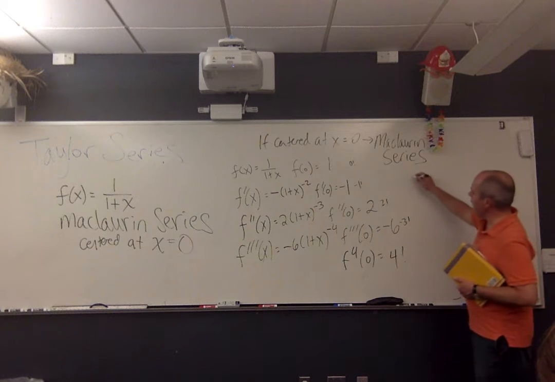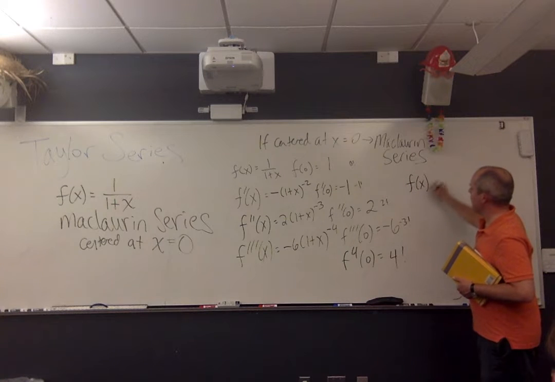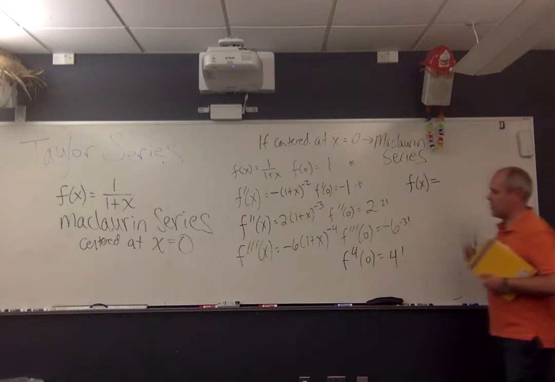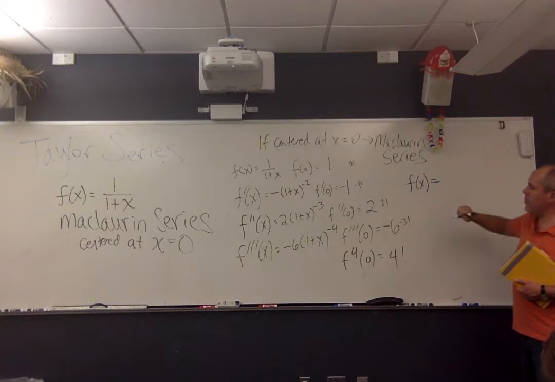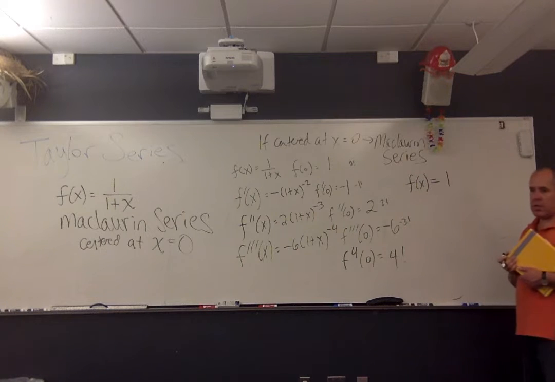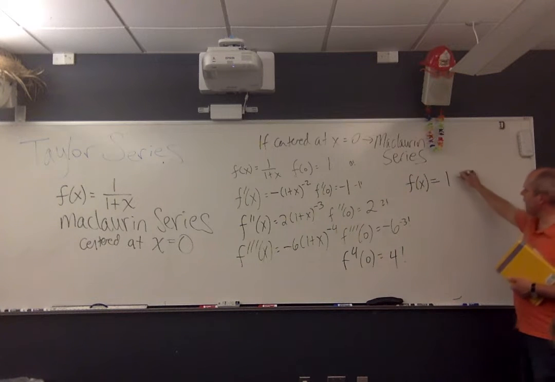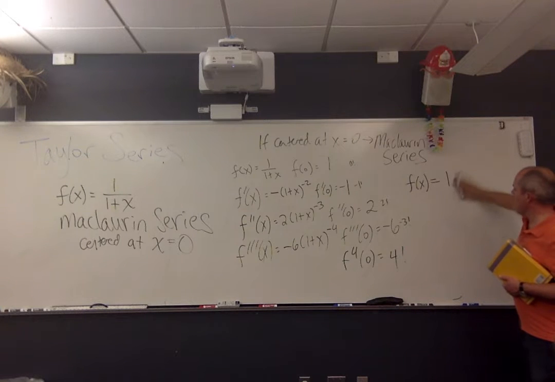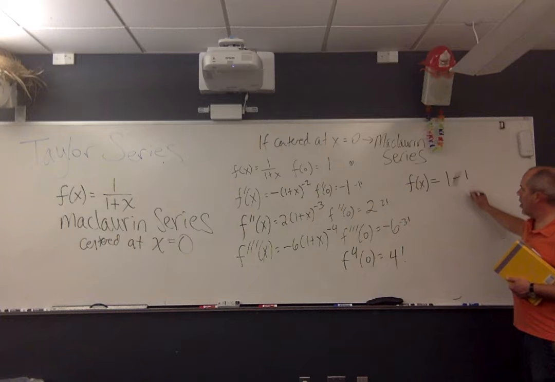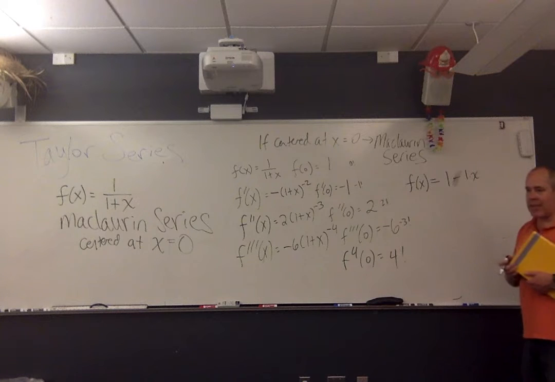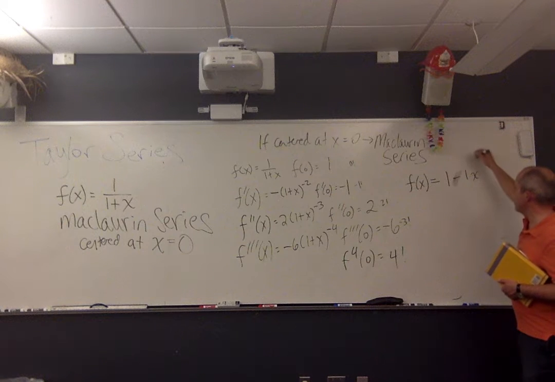So I claim that f of x is going to be the first term, f of 0, which is 1, plus the second term, the first derivative term, which would be negative 1 times x. It's just times x because it's really x minus 0.